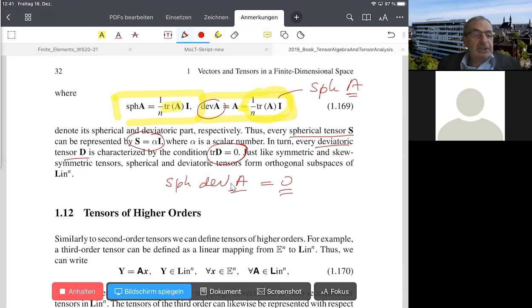There is a question in chat: is the deviatoric part always a derived quantity like this? Yes, the deviatoric stress is obtained in this form here. That means that it is a tensor whose trace is equal to zero. This is the condition for a stress to be a deviatoric one.